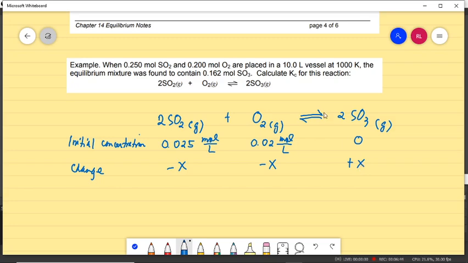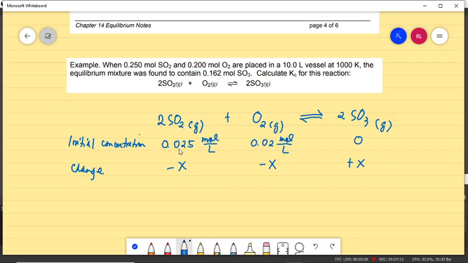Why is it that this is negative x? This is negative x because this is the amount of sulfur dioxide that is consumed. So this negative symbol means that a certain amount of your reactants is consumed by the reaction. And what will happen to that reactant?